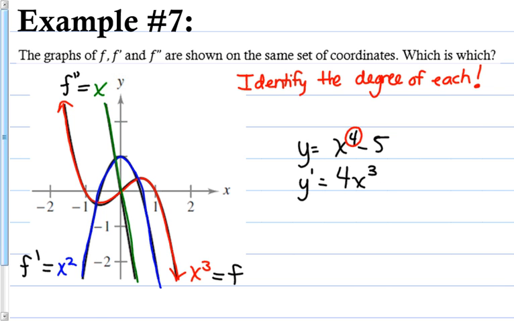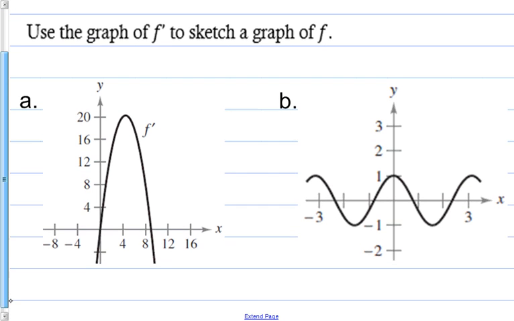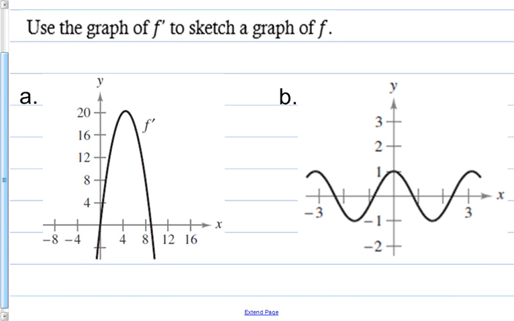All right. Example 8. Use a graph of f prime to sketch a graph of f. So here I have two graphs. They are both the derivatives. I'm going to use the derivatives to sketch the original. All right, so to start off, best way to start off is to look at your graph and be like, okay, my slope is 0 whenever I have a min or a max.